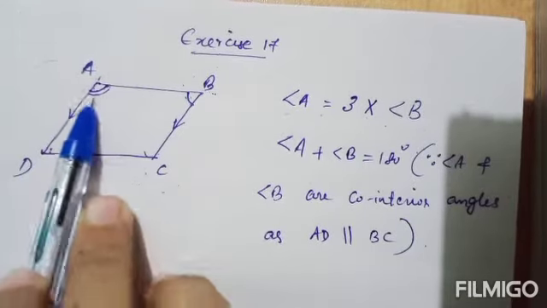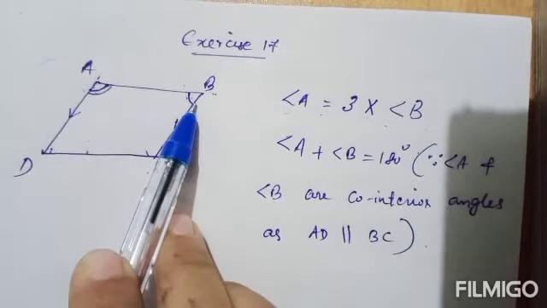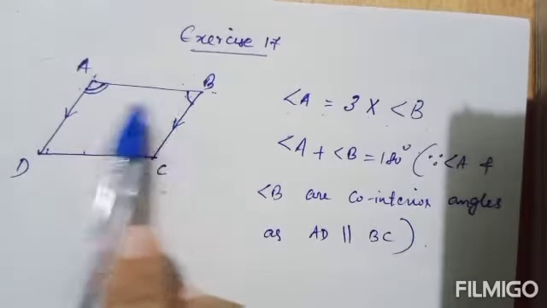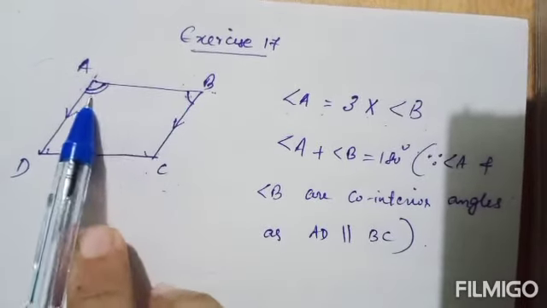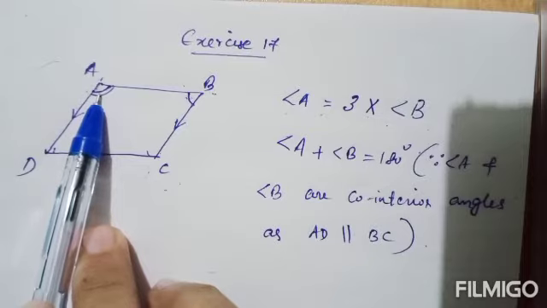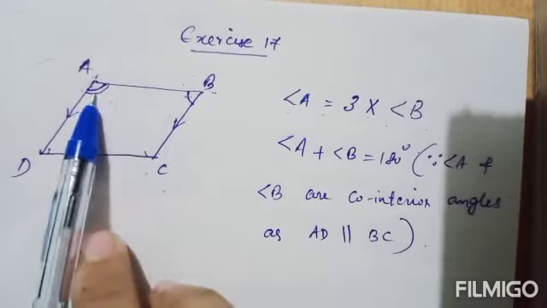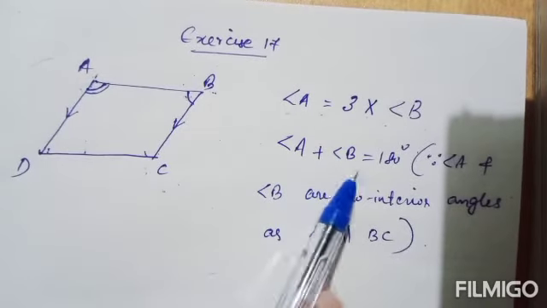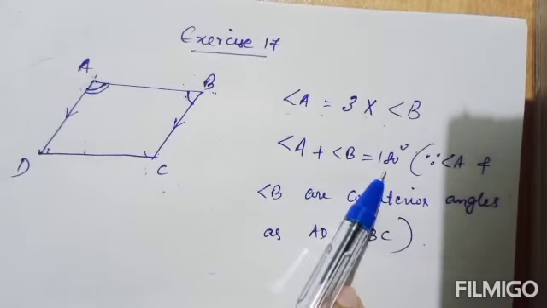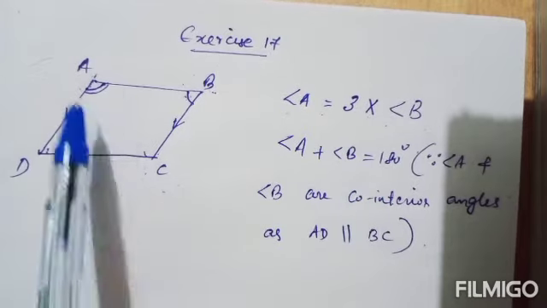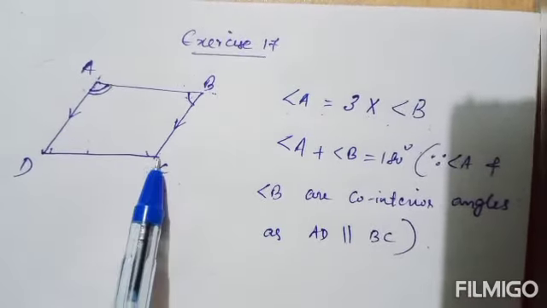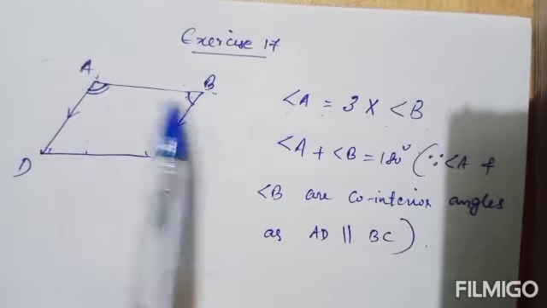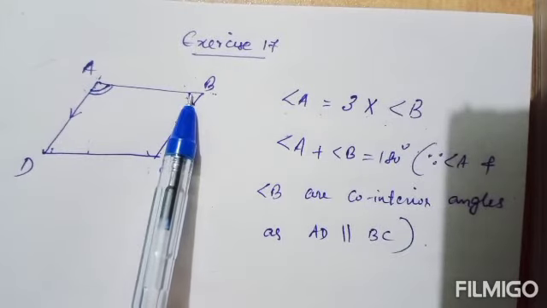Now these two angles, angle A and angle B, form co-interior angles. That means angles on the same side of the transversal are co-interior angles. The sum of these co-interior angles will be 180 degree. Angle A plus angle B equal to 180 degree. Since AD is parallel to BC, AB will be the transversal and angle A and angle B are co-interior angles.